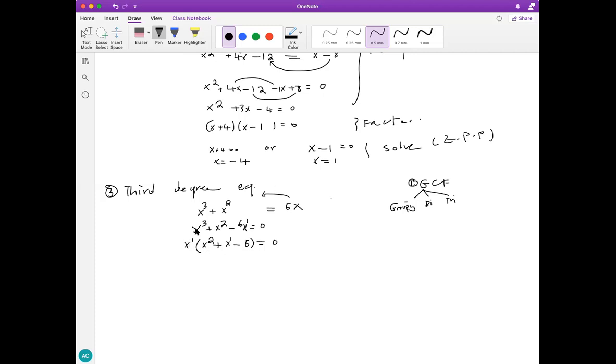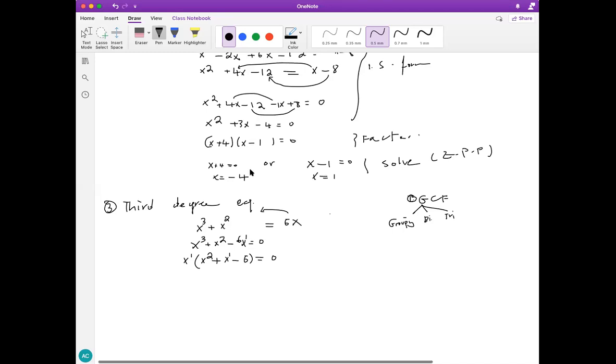Now, after you do the GCF, what do you look for again? This is a trinomial, so attempt to factor it using trinomial factoring. What numbers multiply to negative 6 and add up to positive 1?